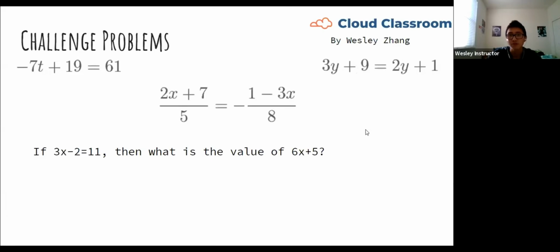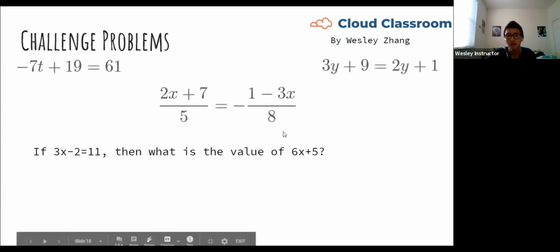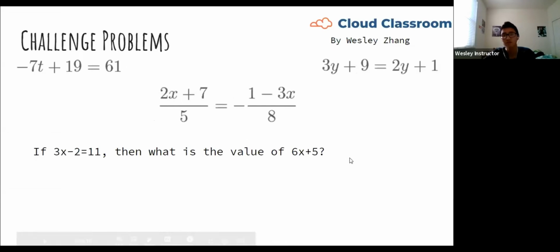All right, the middle one: (2x plus 7) over 5 equals (negative 1 minus 3x) over 8. First, you want to get rid of the denominators. So multiply each side by 5, and then multiply each side by 8.